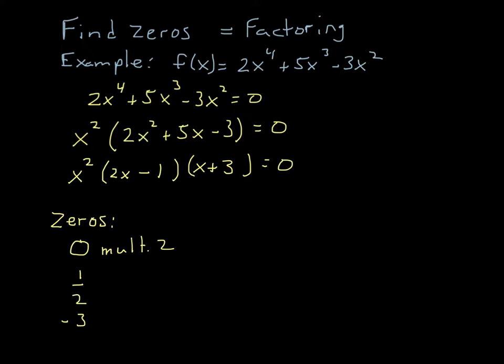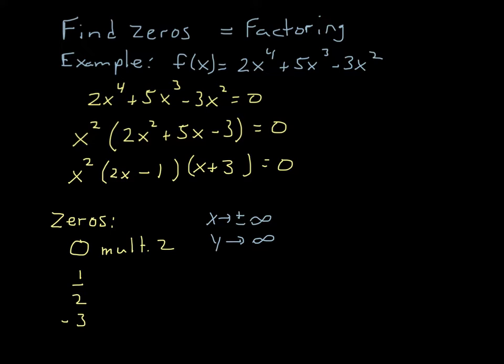Since the coefficient on x to the fourth is a positive number, as x goes to positive or negative infinity, my y values are going to go towards positive infinity. So in both directions, we're going to be going up.